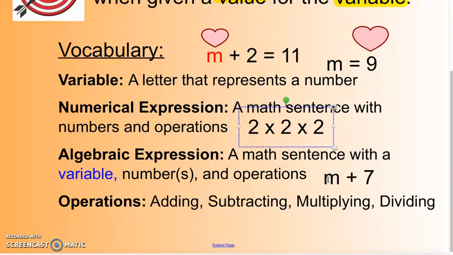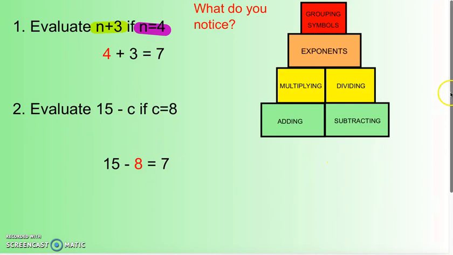So what we're going to be doing today is we're going to evaluate. Remember, that's find the answer, find the value of algebraic expressions. And the cool thing about this is that we don't even have to find the secret number. It's going to be given to us. So for instance, if you look at this first problem, it says n plus 3.